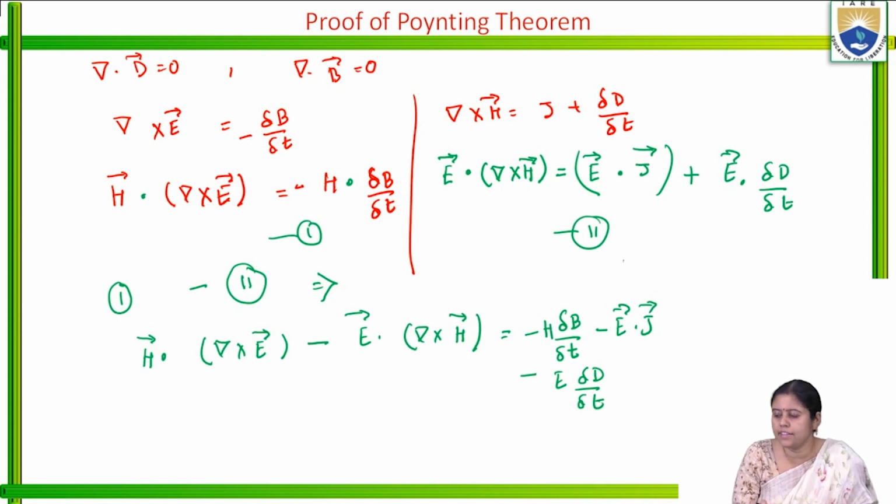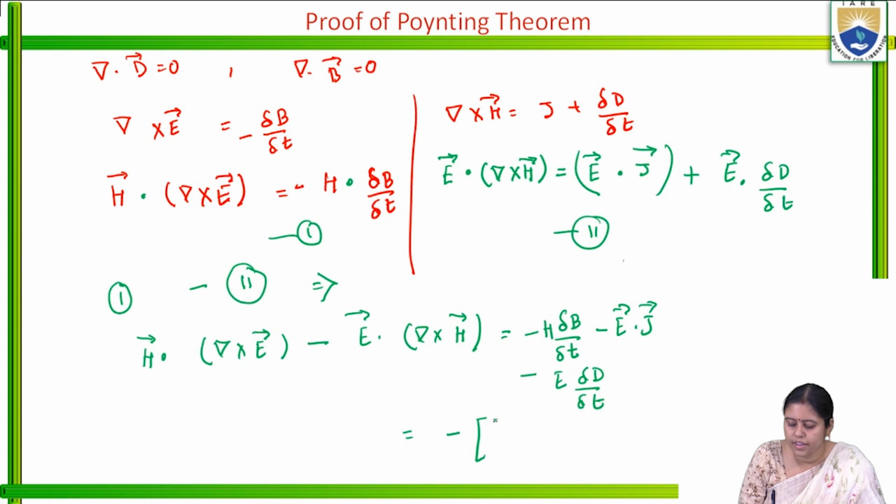So we can also write it like this, minus H del B by del T plus E del D by del T minus EJ.